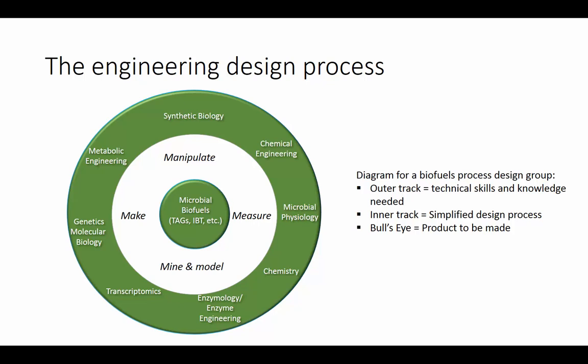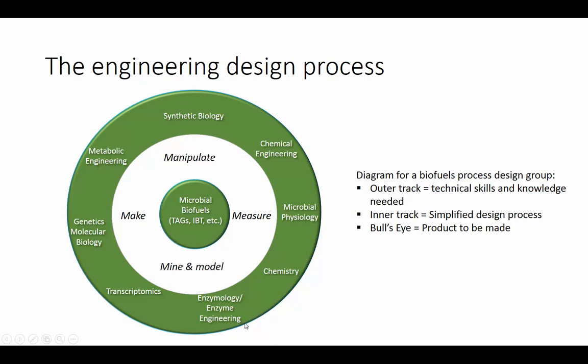Okay, so let's talk a little bit about the engineering design process. So here is a chart, a diagram that I used back when I was a postdoc for a biofuels process design group.